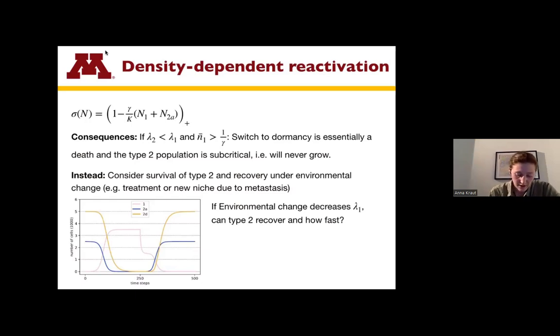And so what we're looking at is initially the type 1 individuals are the fit ones, as mentioned above, that will take over the population. We see the type 2 individuals slowly decaying.